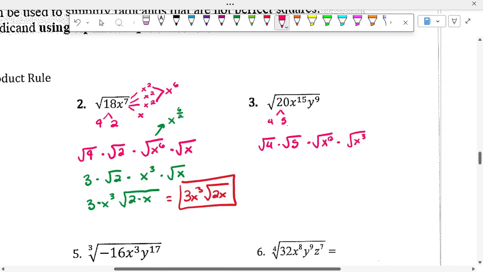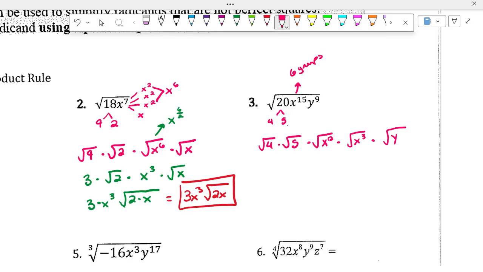X cubed. How many groups of 2 can I get out of y to the 9th? 4. So what's that written as an exponent? Y to the, not y to the 4th. If you can get 6 groups, multiply that by 2, that means your exponent's 12.